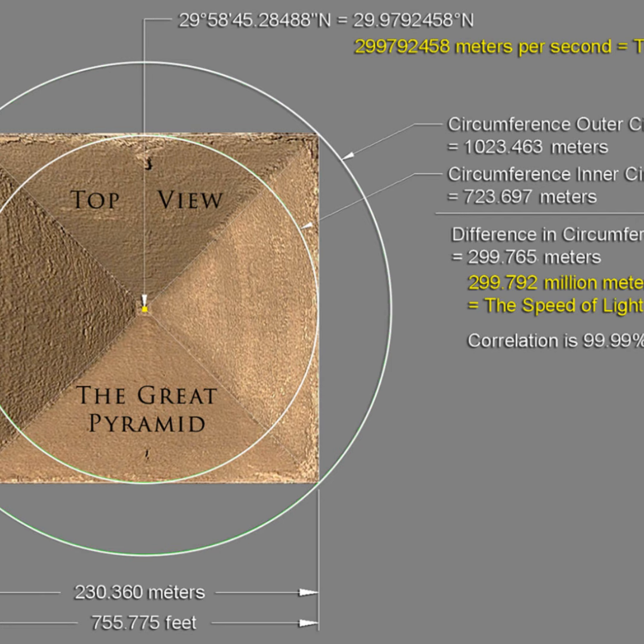If we measure those circles and find their circumferences in meters, and then subtract the smaller circle from the larger, we get a measurement of 299.765 meters. And it's interesting because the speed of light is 299.792 million meters per second. So these numbers are 99.99% the same. It's a mind blower.